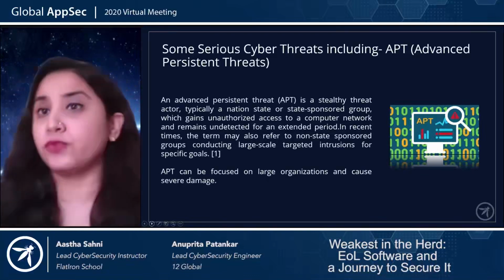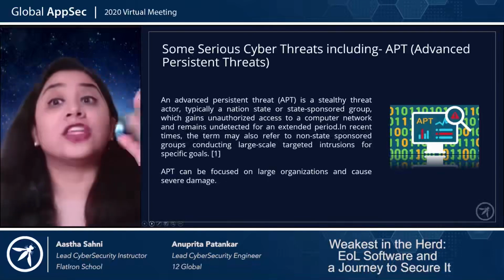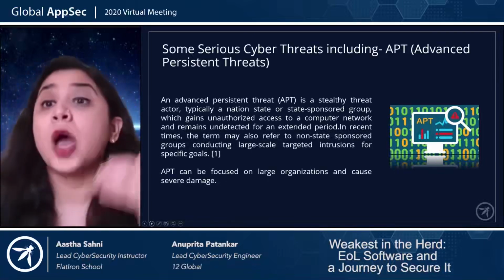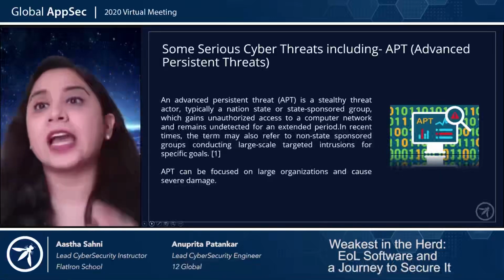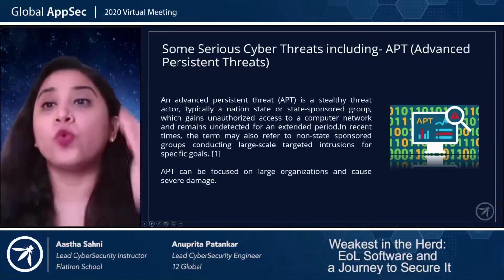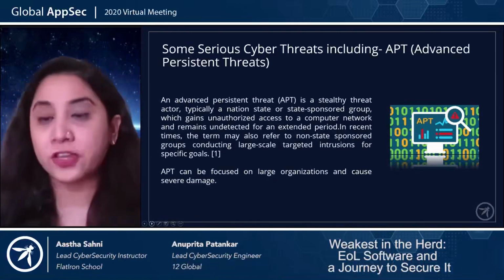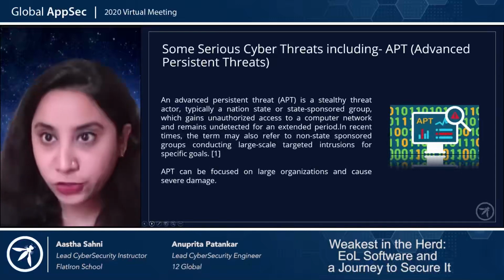And if you do not know what APTs are, in the case of APTs, the threat actors utilize multiple tactics, techniques, and procedures to attack a target. And those attacks are not just limited to one or two organizations, but their scope is expanded to a whole nation.